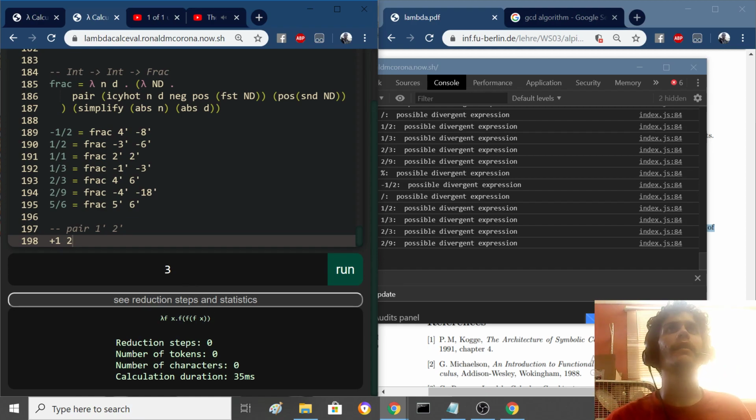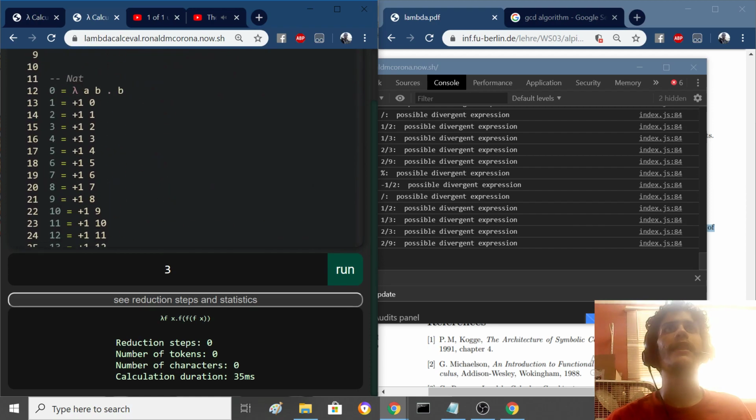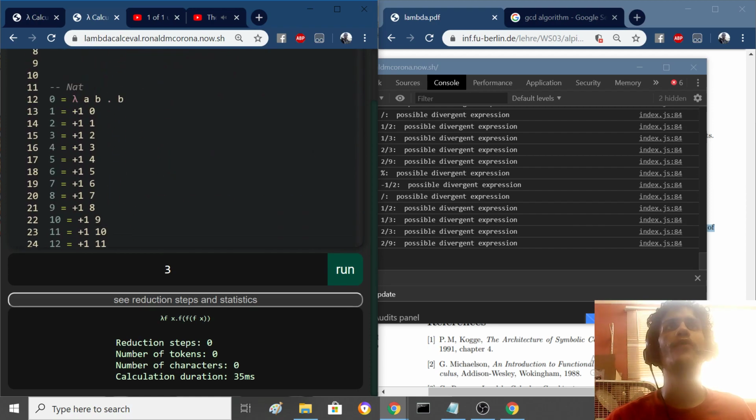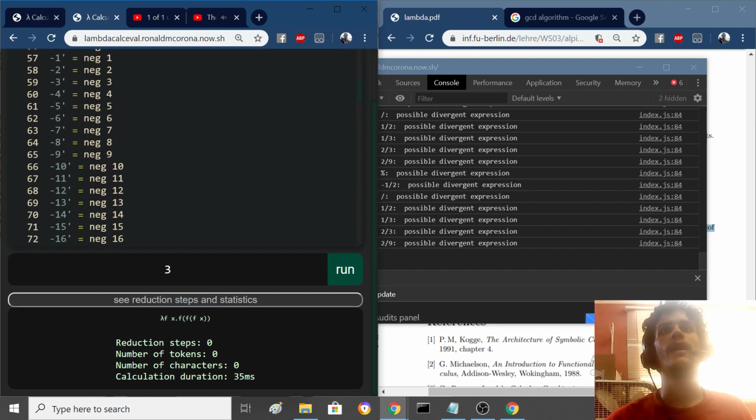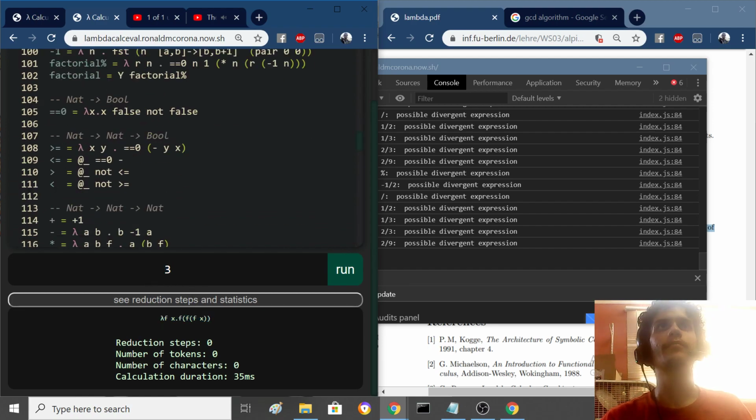But then it notices that 3 is alpha equivalent to that lambda, and then it tells me, hey, it's actually just 3. There's a simpler way of looking at it, so you don't have to hurt your eyes, Ronald. It's not this lambda, it's 3.